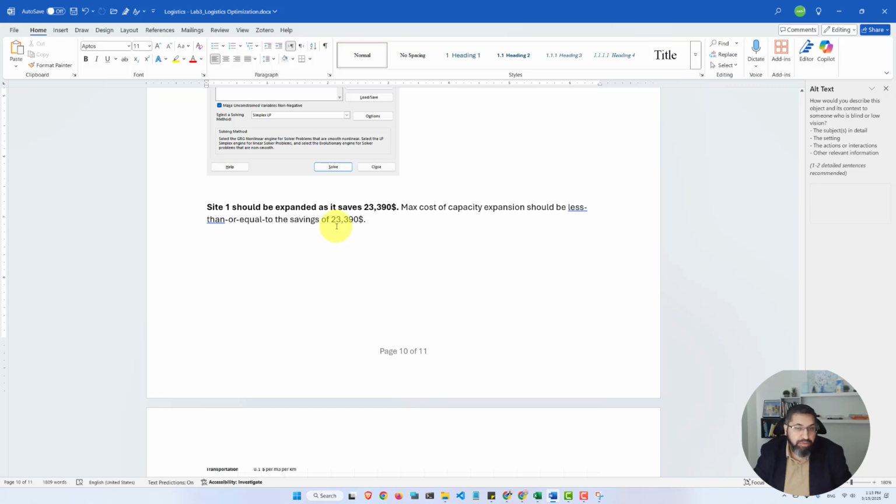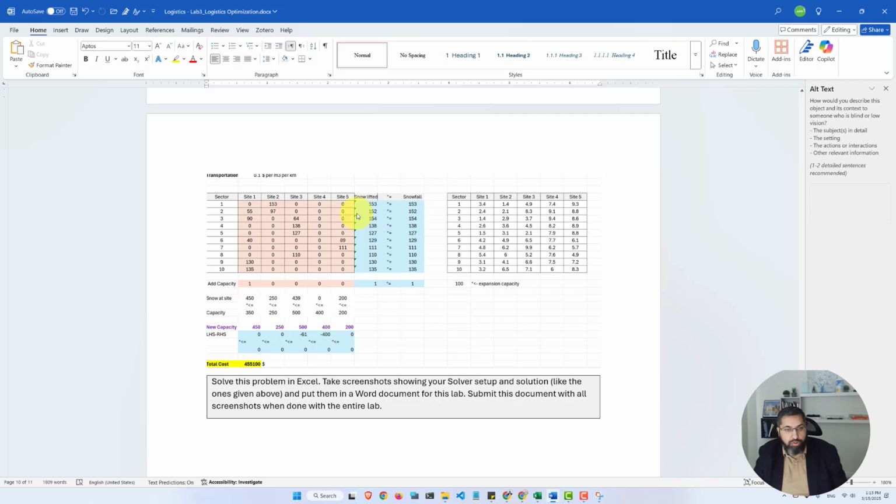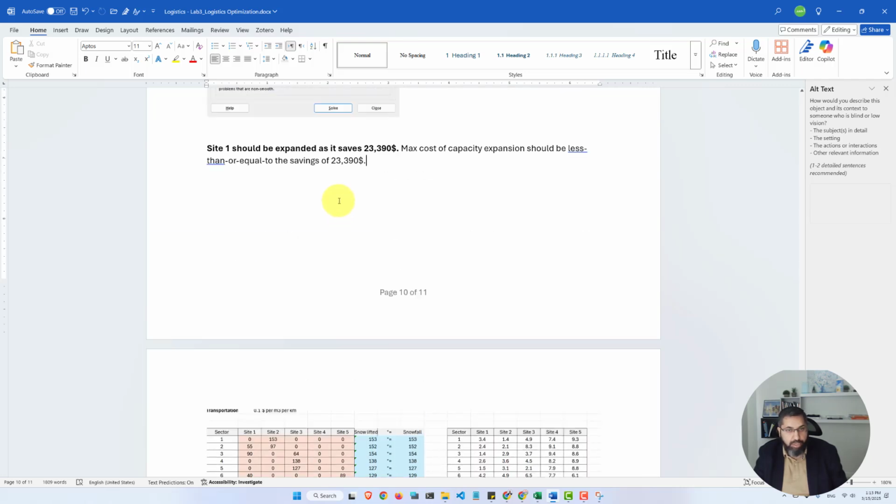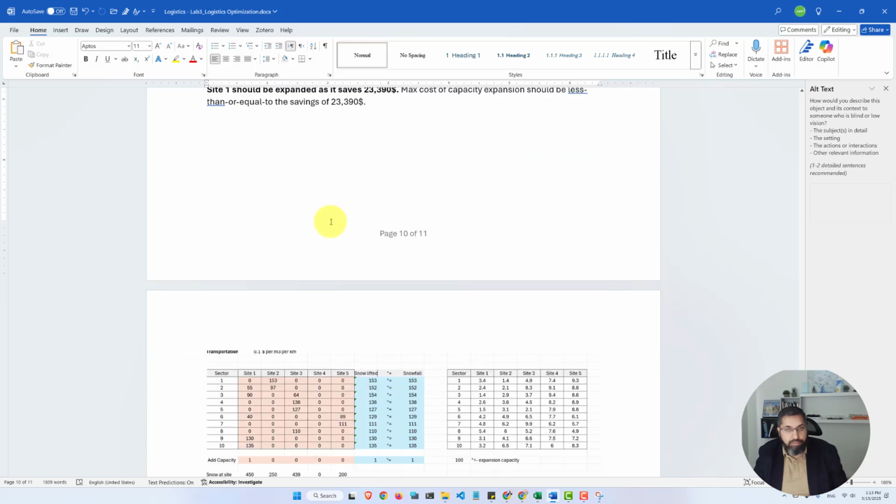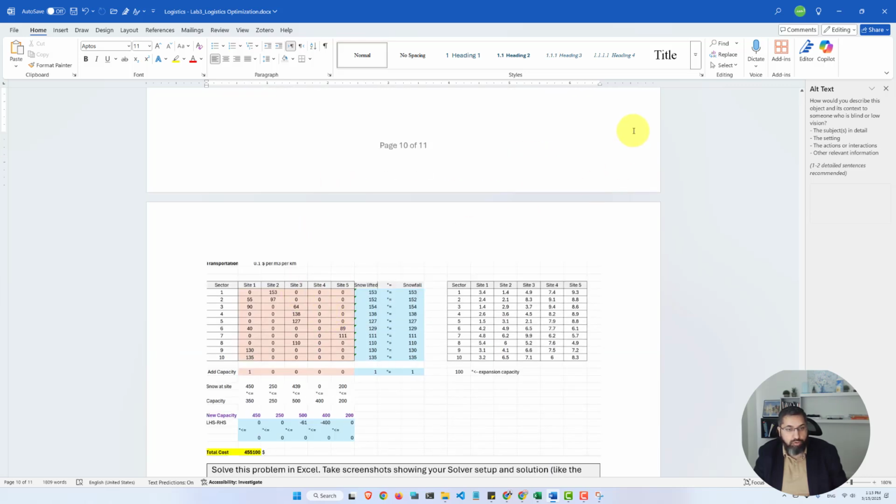Because if you spend more than that, then you're not really saving any money from a financial perspective, because you're saving on the cost of removing the snow, but $23,390, and you're spending more than that to expand the capacity. So it doesn't make business sense. Okay, so that would be the answer to the second question.